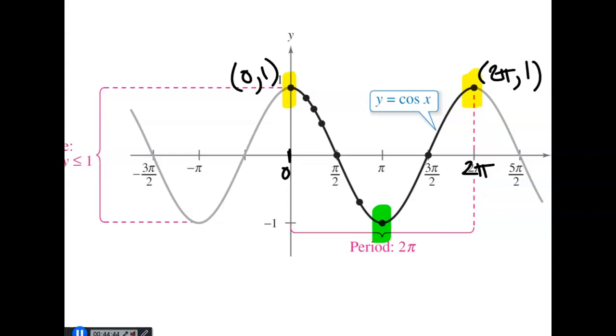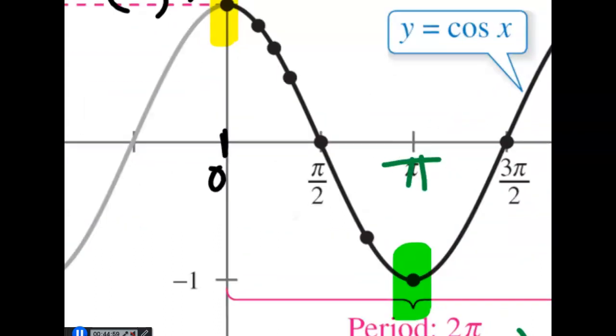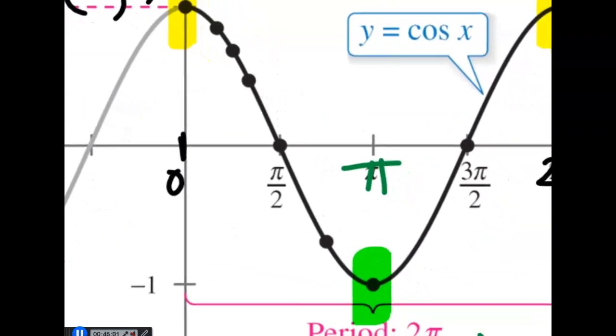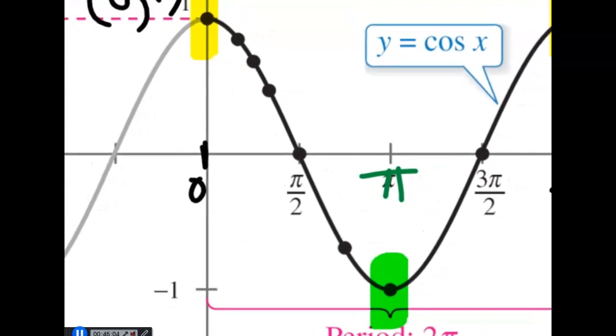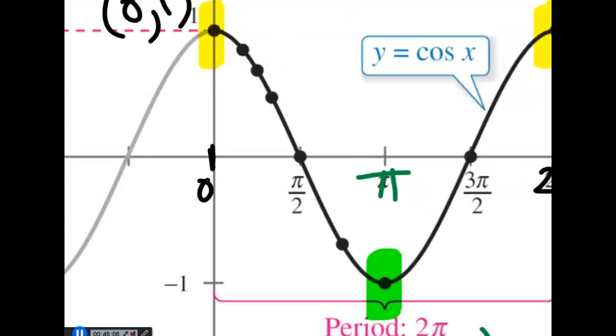Then the midpoint between those two is going to be our minimum, and the coordinates for that will be pi, negative 1. Remember, this is the parent function of the cosine function. Now, to find the x-intercepts, we could find the midpoint between the max and the min, and you could see clearly that is going to be here at pi over 2.